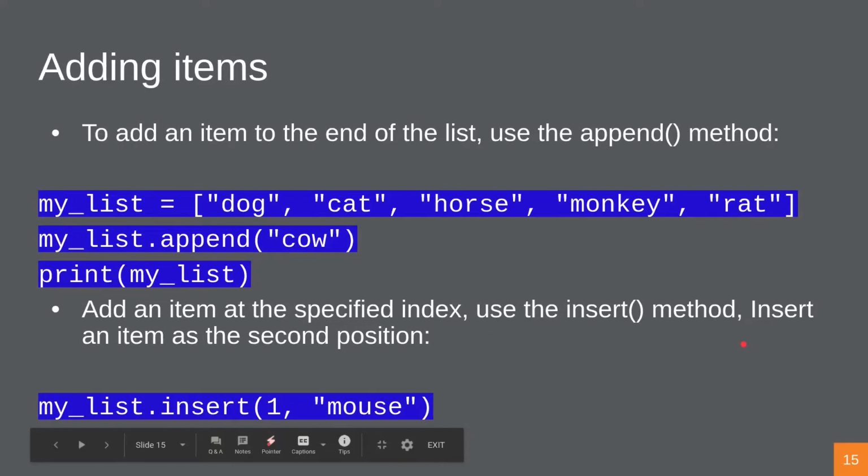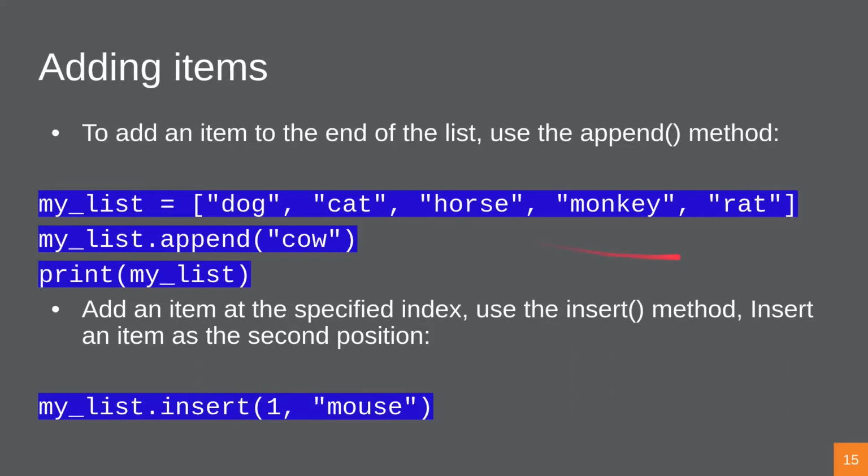Okay, so couple of other ways. I said there were a couple of other ways to add items to a list, and there's mylist.append. So what mylist.append will do is add an item to the end of the list. Okay. And there's also mylist.insert. mylist.insert will insert something into the position, and you specify the position number there.